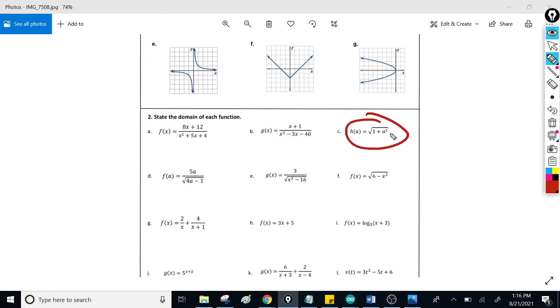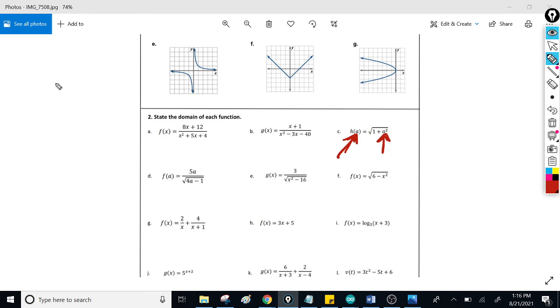Alright, for this one right here, you're going to have to think about it. Is there any number of x that will make the y undefined? Is there any number you plug in that will make y undefined?